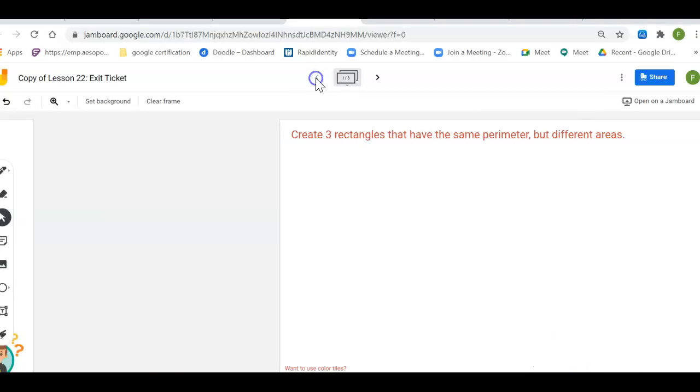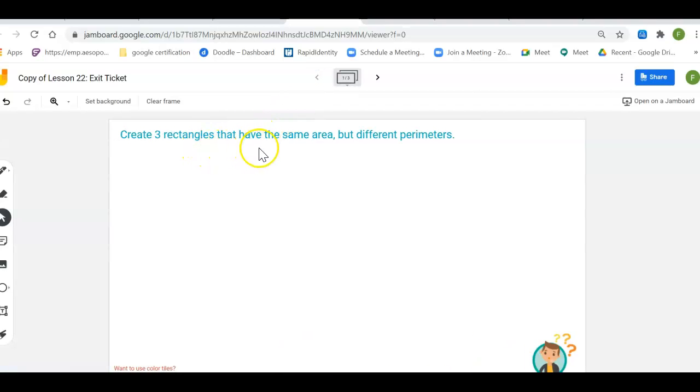It's got 2 different problems on it at the top. The first one, create 3 rectangles that have the same area but different perimeters. So you're going to just draw your rectangles here in this area. Okay, so draw your rectangles out here, and that's going to be the first one.